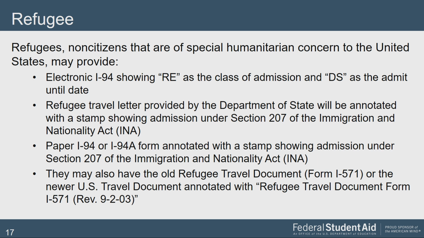And their class of admission, what I mean is a code that's listed on the I-94 that shows you what immigration status DHS has conferred to them. And you can see all the classes of admission in the FSA Handbook.